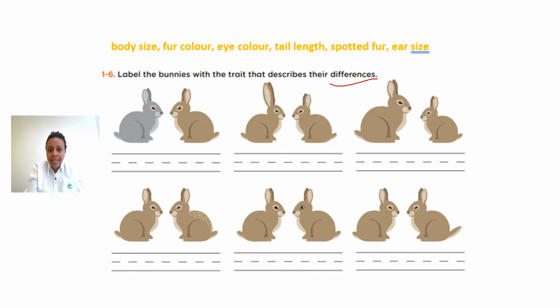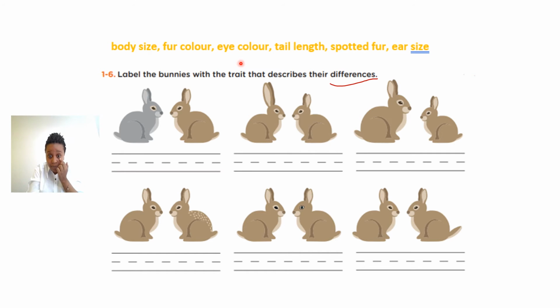Okay. So it says here, label the bunnies with the trait that describes their differences. So here we have body size. Is it small? Is it big? We have fur color. So are they all the same color?